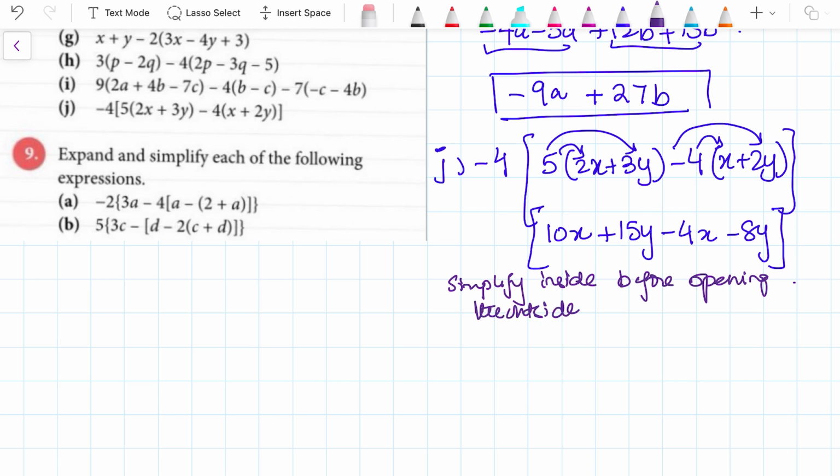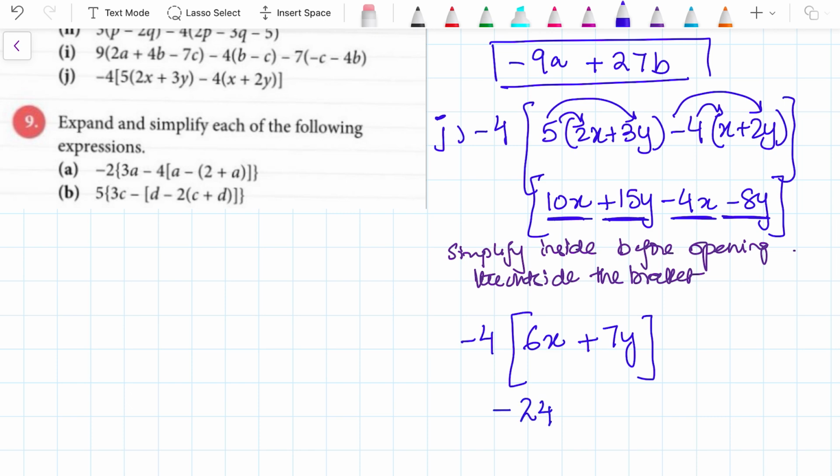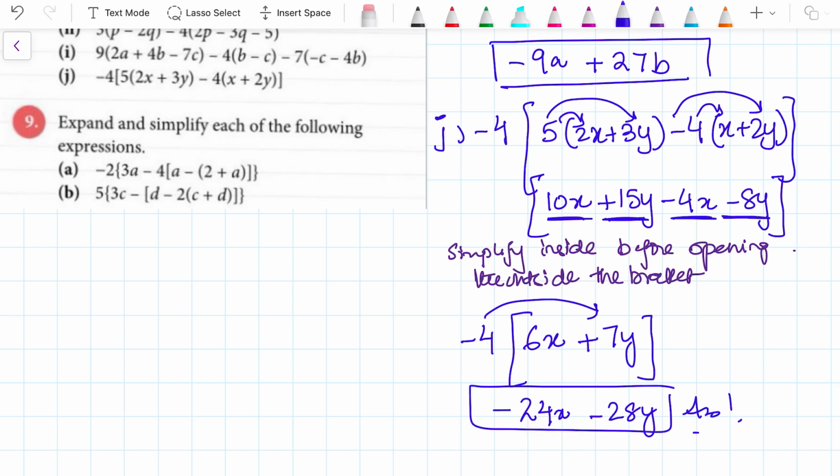A lot of students make this mistake. So 10x minus 4x is 6x. 15y minus 8y is going to be 7y. Minus 24x minus 28y. That's going to be my answer.